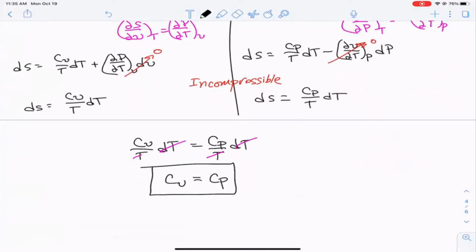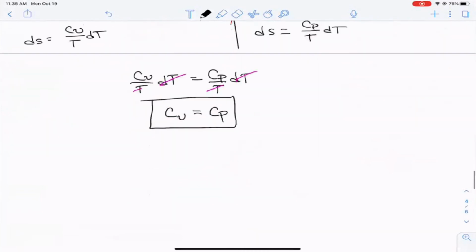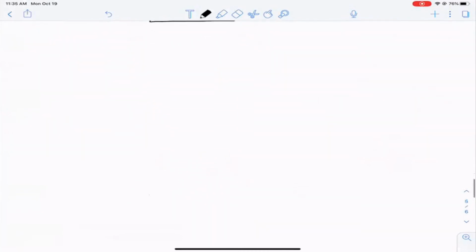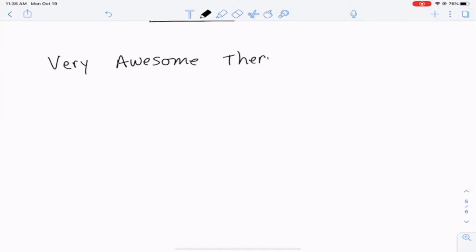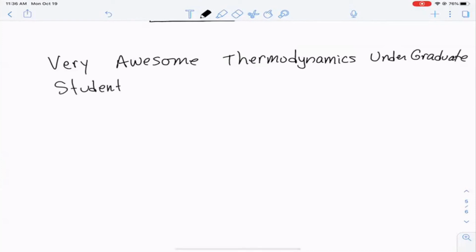Okay, the last item I want to cover today is a shortcut to remember all of these things. And I actually just remember a sentence: very awesome thermodynamics undergraduate students have passed.